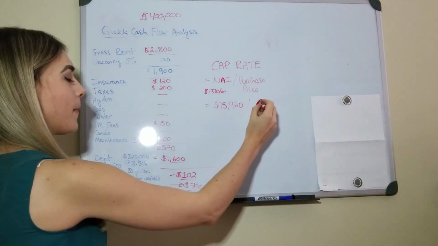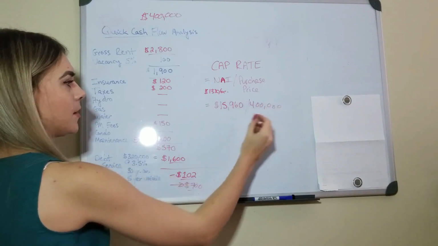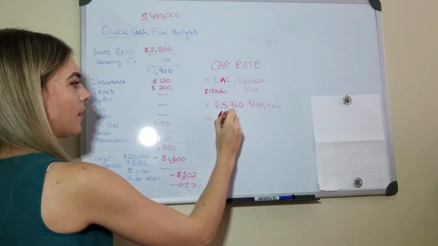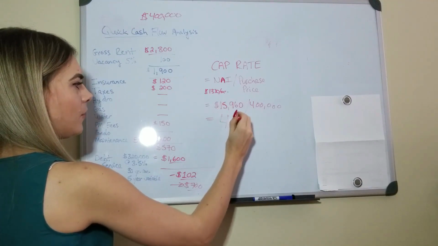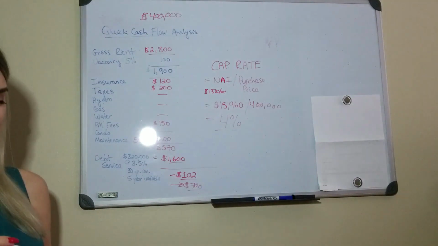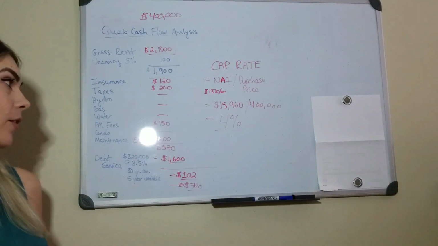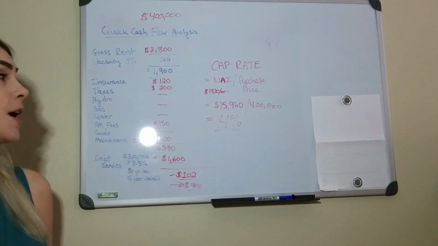Then we divide it by the purchase price, which is $400,000, and we get a cap rate of just shy of 4%. It's not a great cap rate. Most people try to look for at least a cap rate of around 5 to 6%.